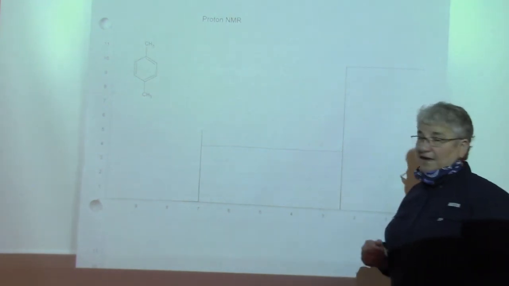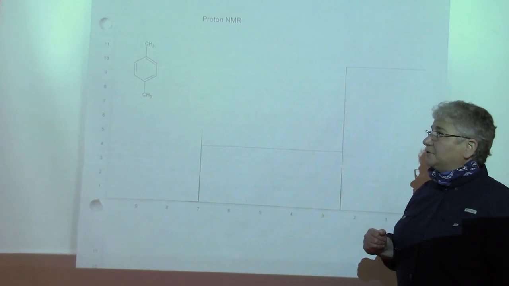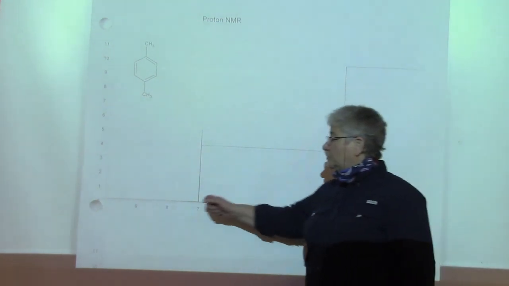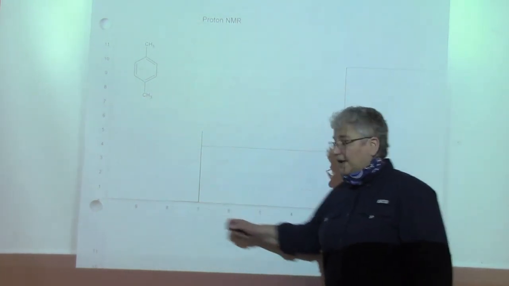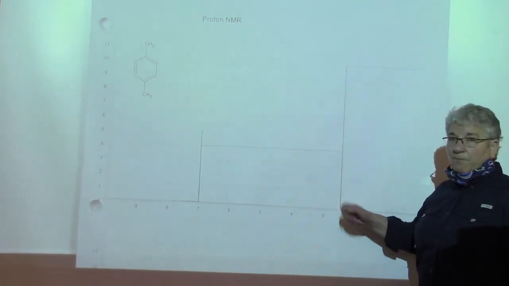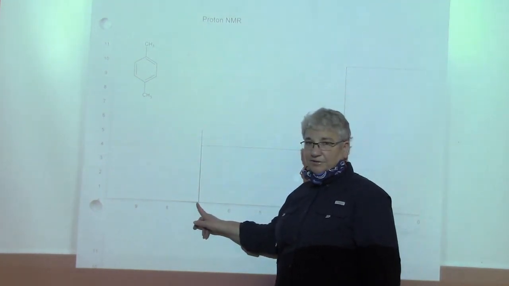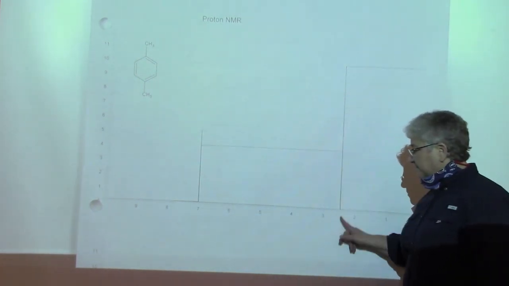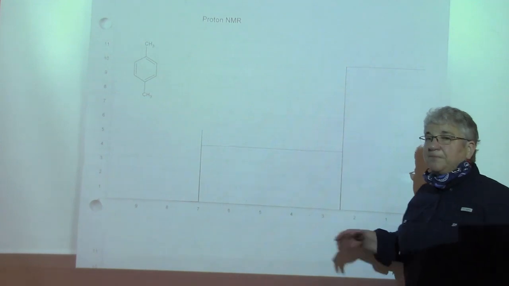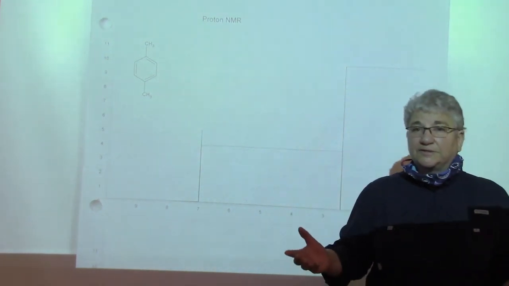Now in this case, the computer would have given you a value like 2 and 3. And so that would say to you, this represents 2 hydrogens, and this represents 3 hydrogens. Because the computer is just giving you a ratio, it doesn't know what your molecule is.